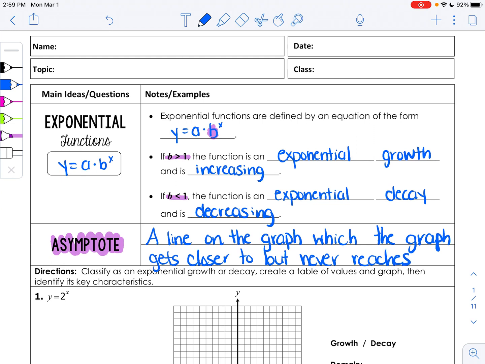So it's going to be a point on your graph that you see it approaching and it gets closer and closer and closer, but it never actually reaches that point. Let's take a look at a few examples of some exponential functions and talk about some of their characteristics.